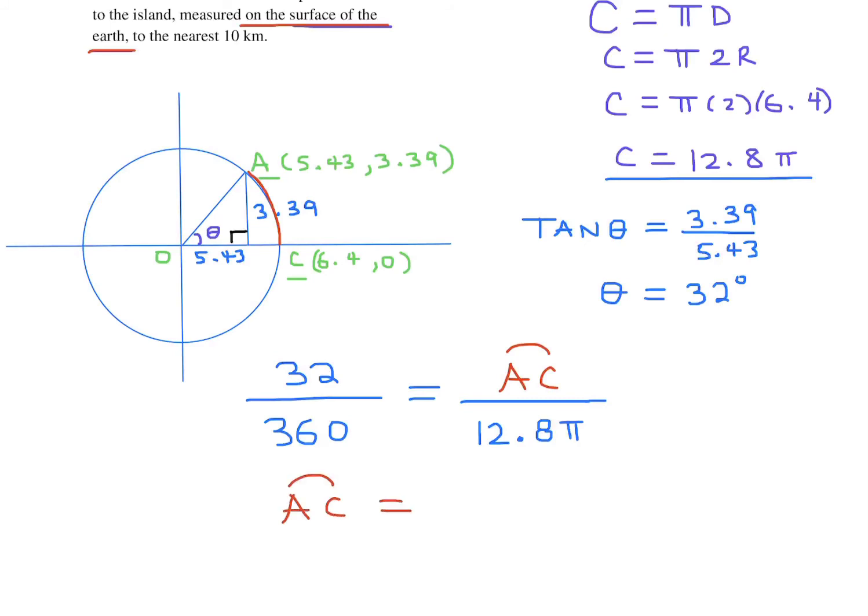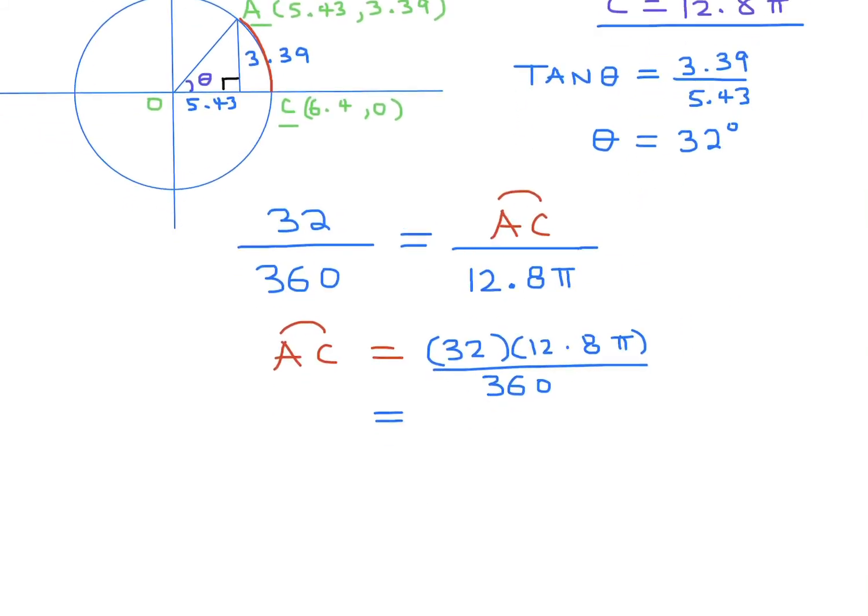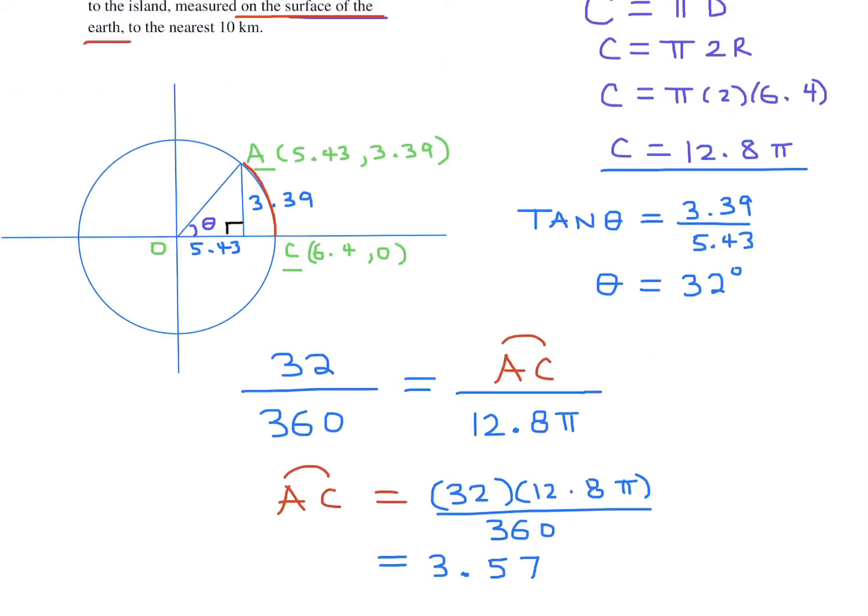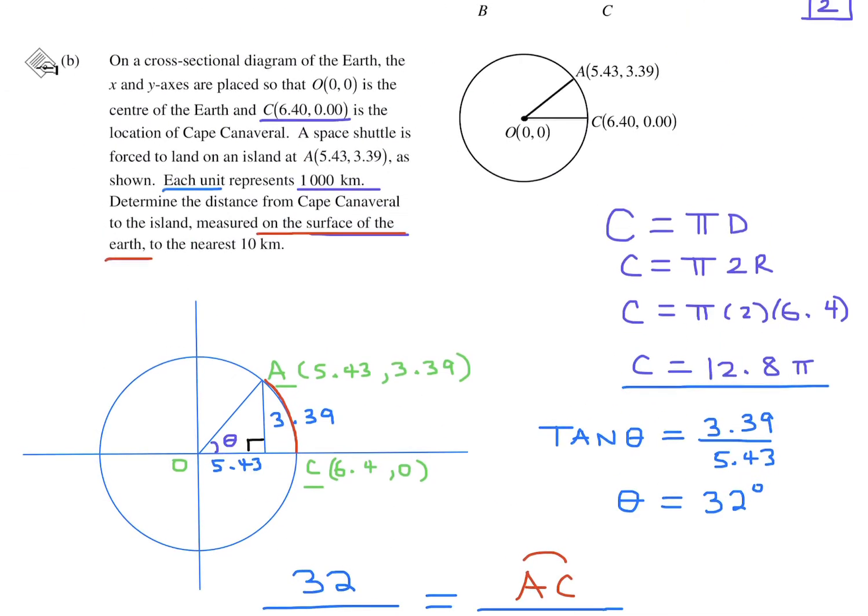So this looks like it will be 32 times 12.8 pi, all divided by 360. And if you do the math, it comes to about 3.57 approximately. Now 3.57 is not the answer because each unit represents 1,000 kilometers.